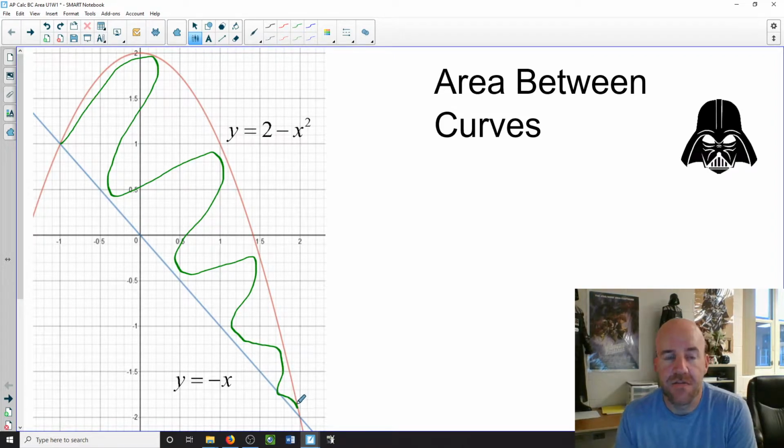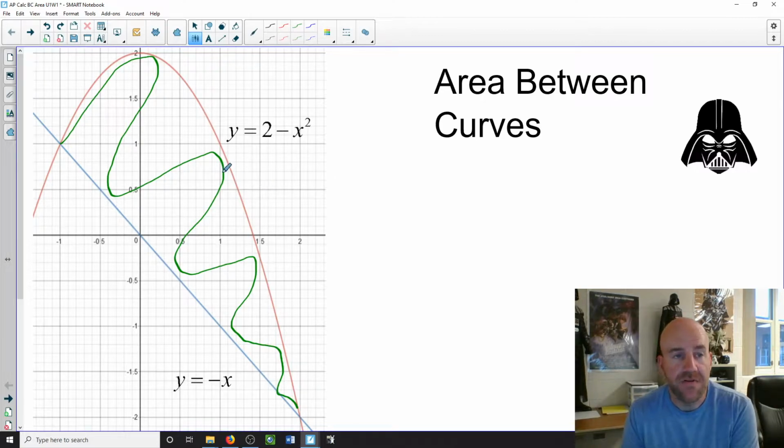what is that area? You may remember how to do this, but this is just a quick reminder of how we find the area between two curves. The first thing that we need to really know is where do we start and where do we stop? As calculus students, we know finding area under a curve is going to be an integration problem.